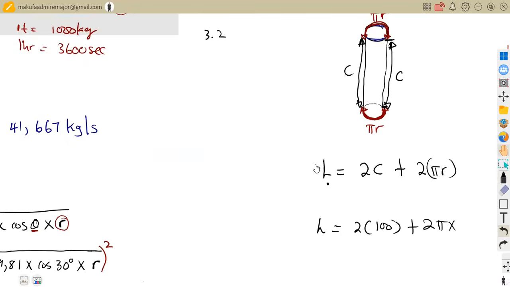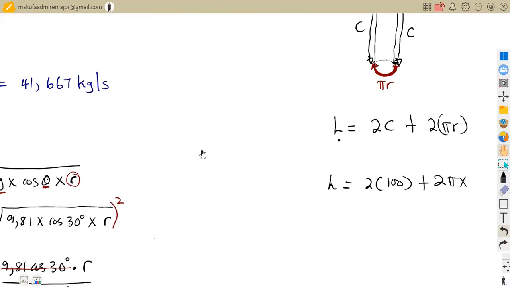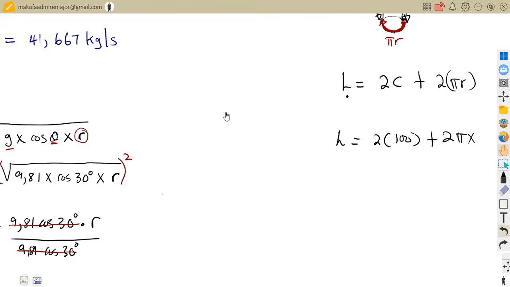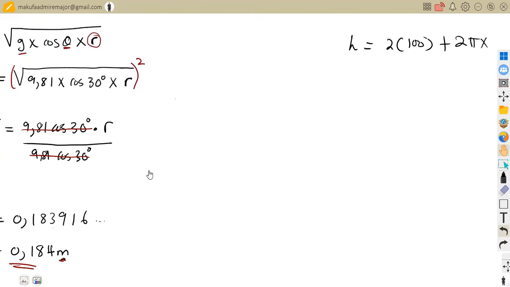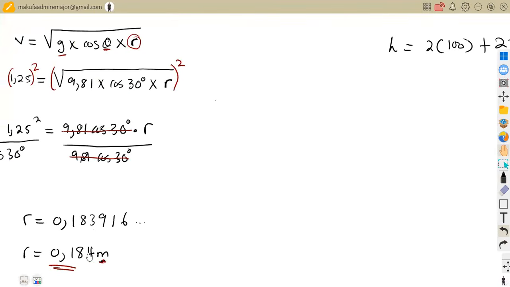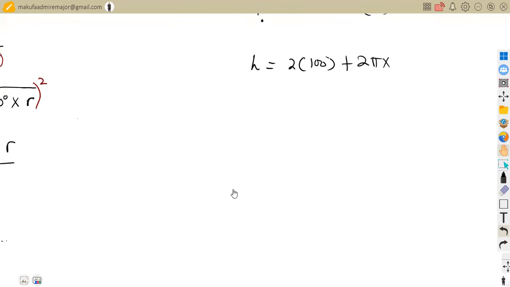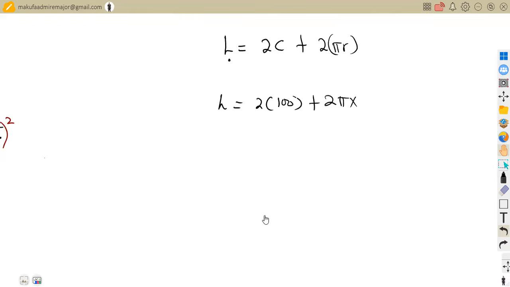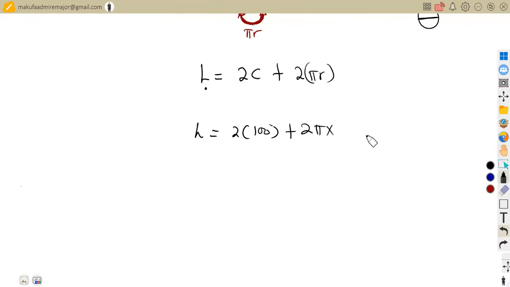Remember, when we were calculating, we obtained a radius on our calculations here of 0,184. So we are going to take our radius as 0,184 here.